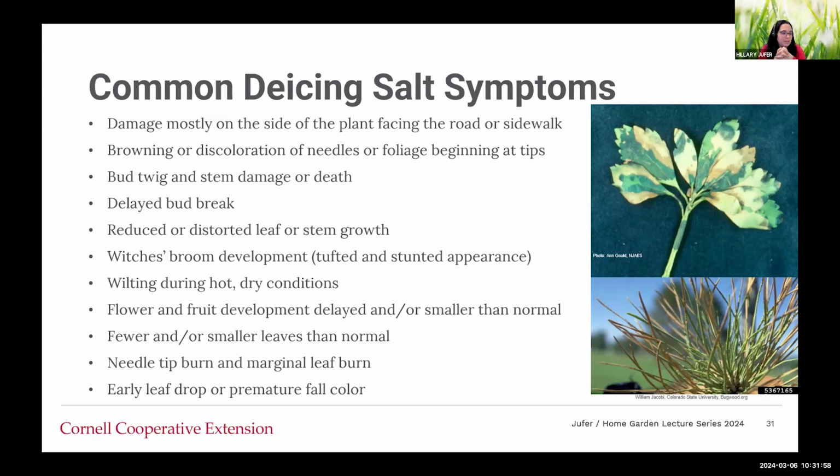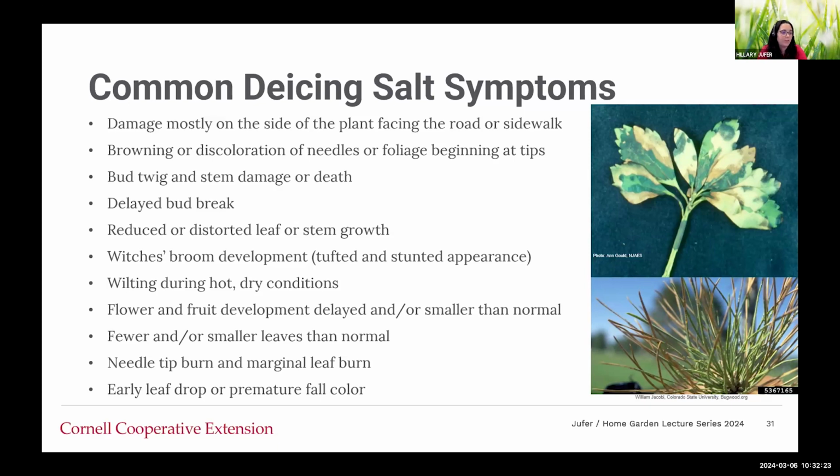You're going to see a lot of damage, delayed bud break, reduction or distorted leaf or stem growth, wilting, and then it can go on all year. Wilting during hot, dry conditions, witches' brooms, which if you think of a witch holding a broom, it's just exactly that. You have all the growth out of the top.